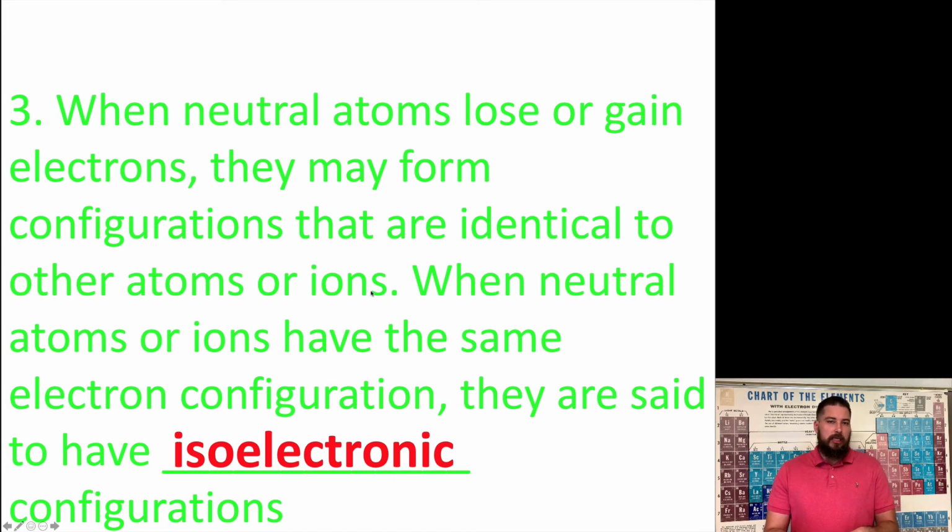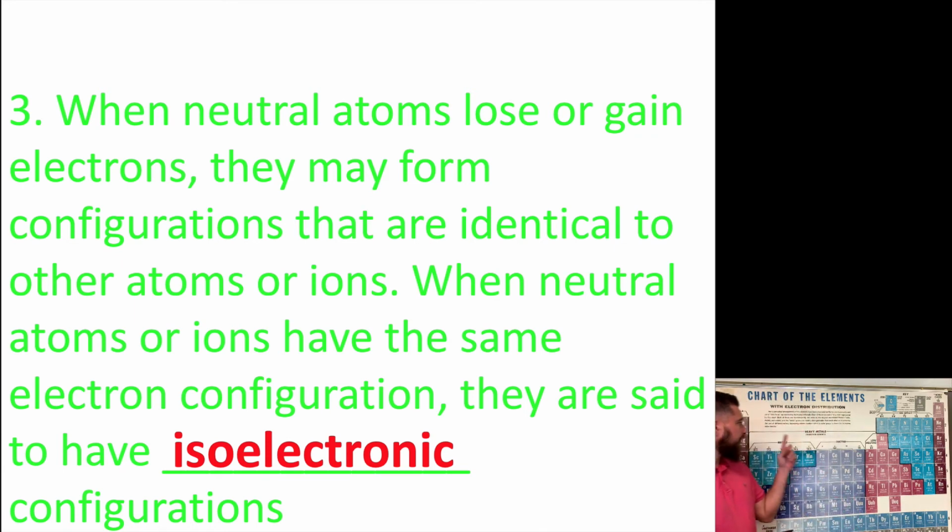Now, when considering ions, you can have different atoms that will, let's say, lose electrons. If you think about these two right here, if magnesium loses 2 electrons and sodium loses 1, they will both end up with 10 electrons.